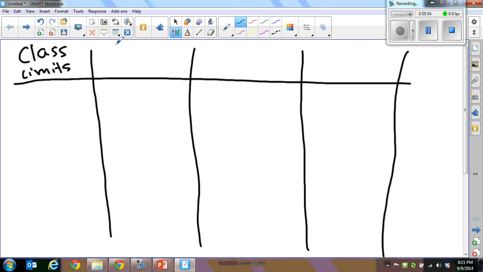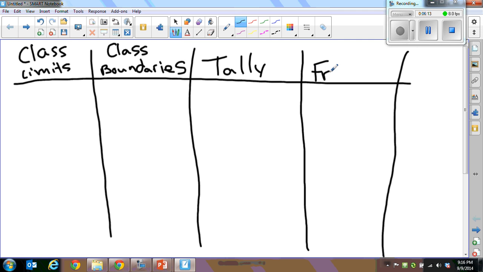Your second one is your class boundaries. The third one again is tally. And then you have your frequency.